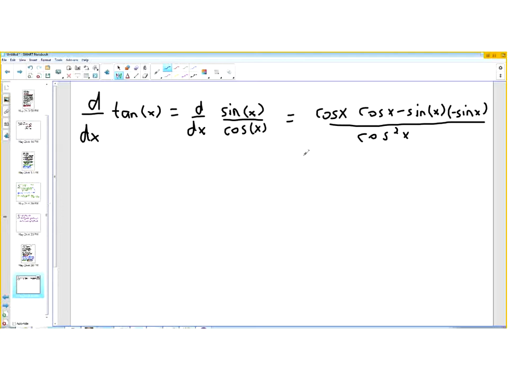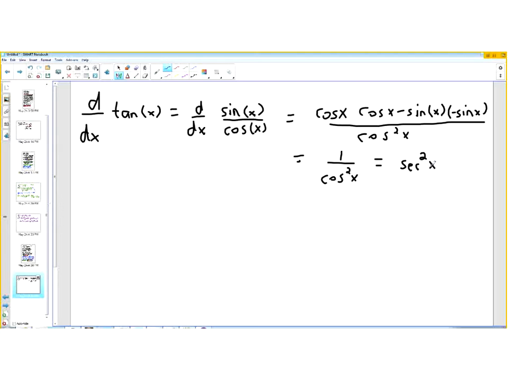After simplifying, the numerator becomes 1, and by definition, 1 over cosine x is secant x. So this is secant squared x.